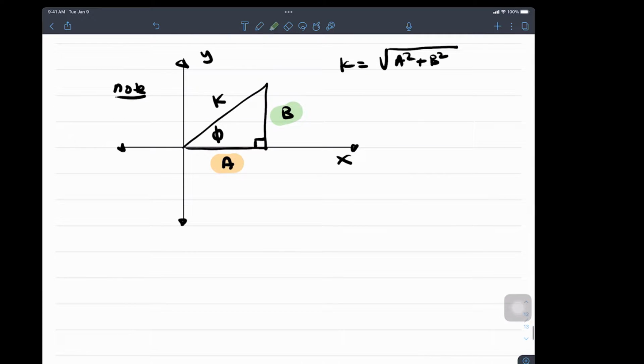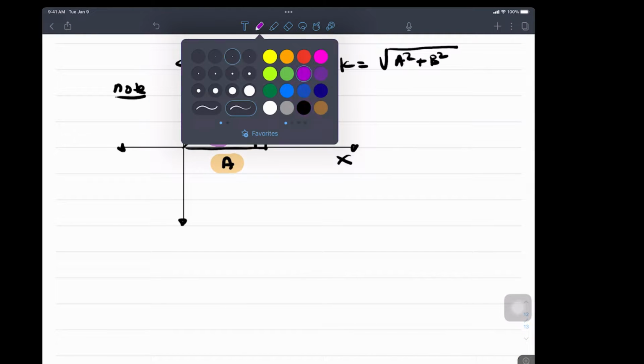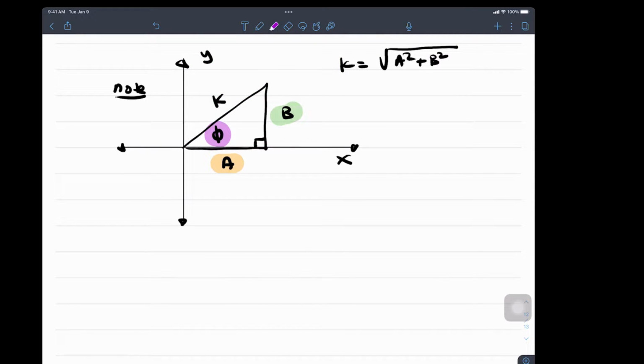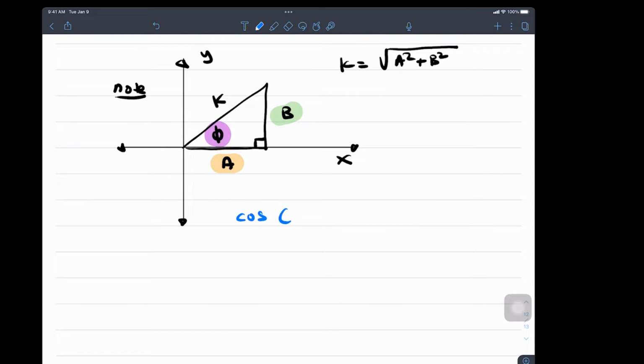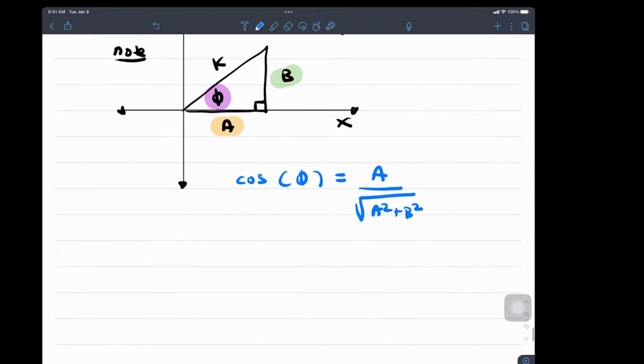So, in terms of phi, do you guys realize something here? What's the definition of cosine of phi? It's adjacent over hypotenuse, which is the square root of A squared plus B squared, because that's what K is, right?